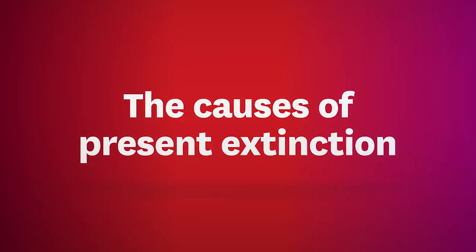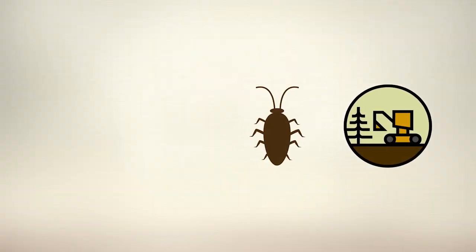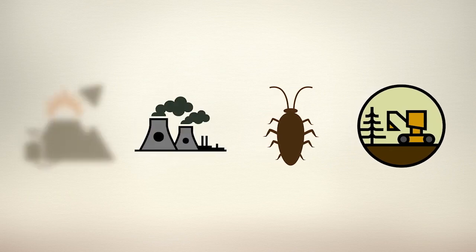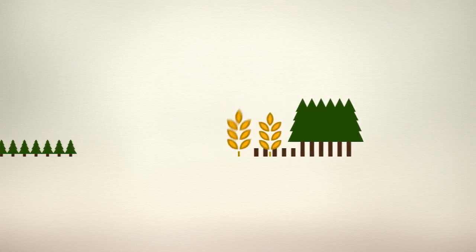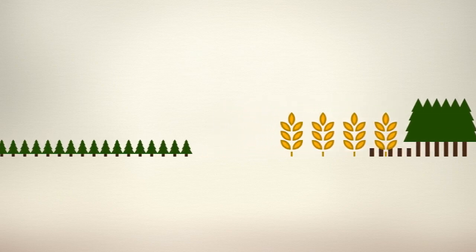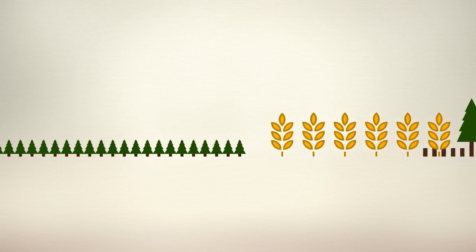There are 4 main causes of the present extinction event: habitat destruction and degradation, introduction of exotic pest species, pollution, and overexploitation. Habitat loss is a threat to 85% of the species listed by the International Union for the Conservation of Nature as at risk of extinction. Food production, which often involves clearing of land for agriculture, is a major agent of deforestation.